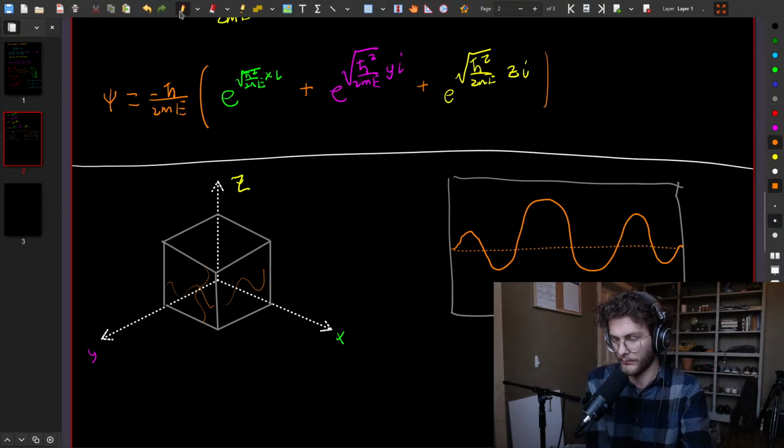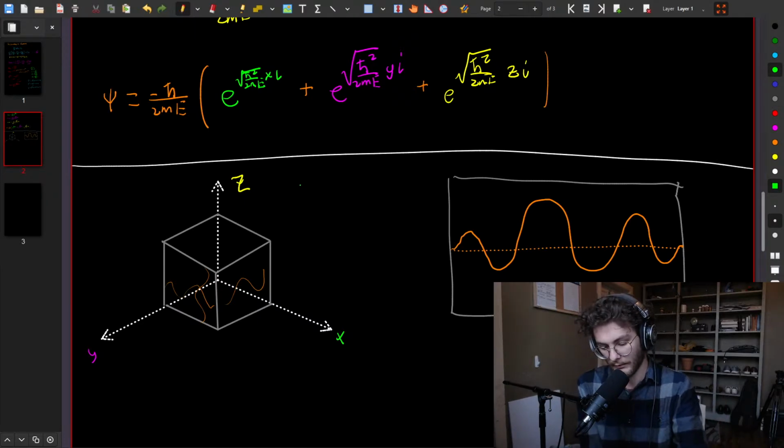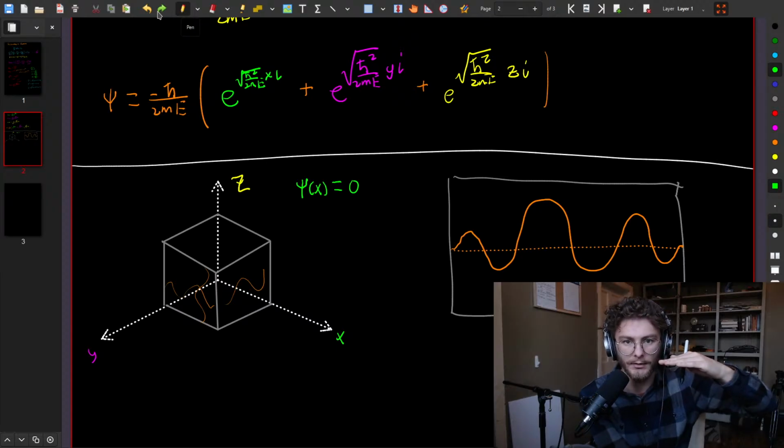So that means psi of x, y, and z equals 0. Also, the slope of that line is also 0.